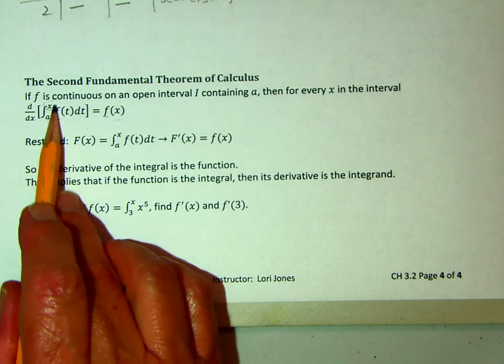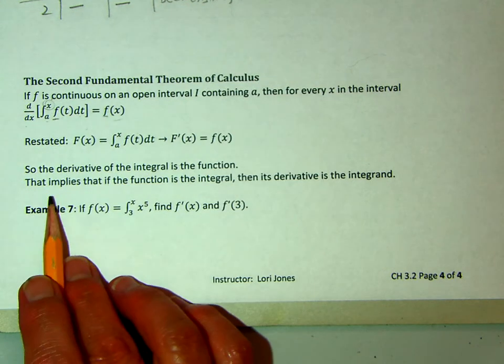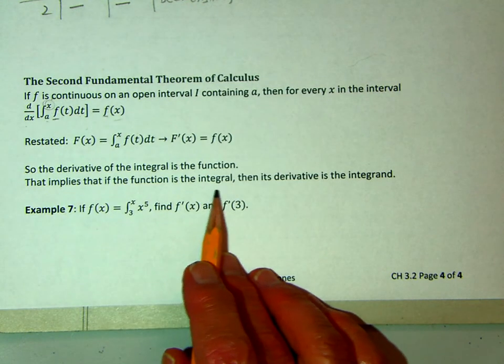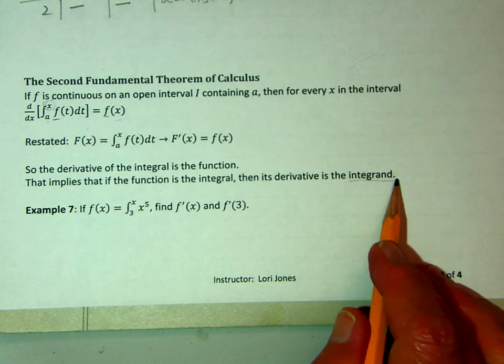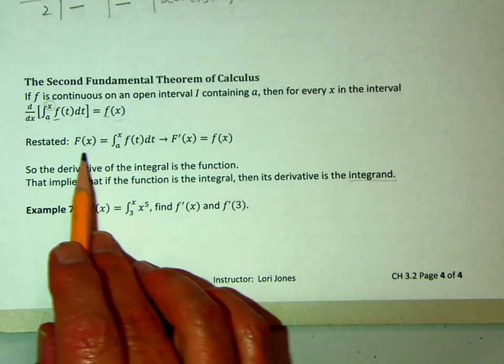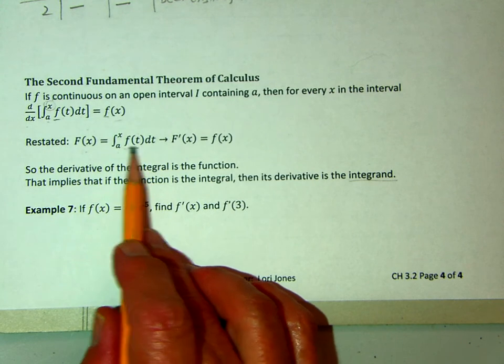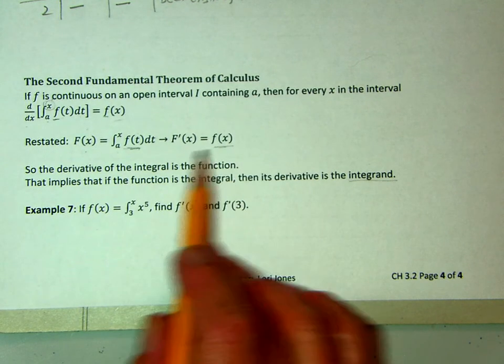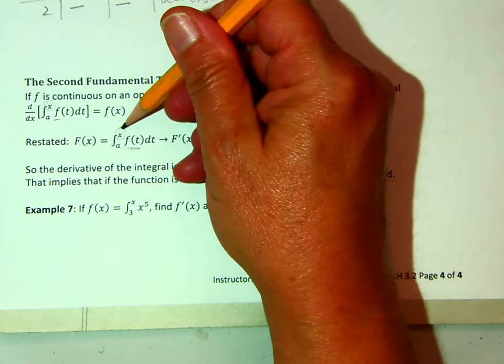We've gone to the x from the t, for example. That implies that if the function is the integral, then the derivative is the integrand. But again, we've changed the variable with the limit of integration.